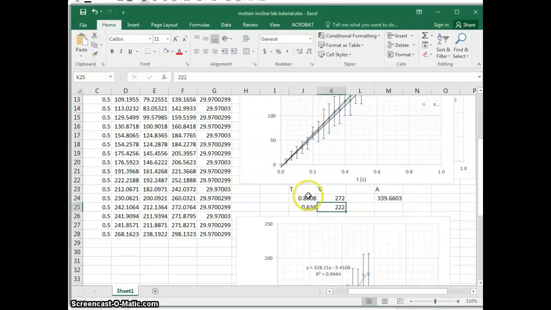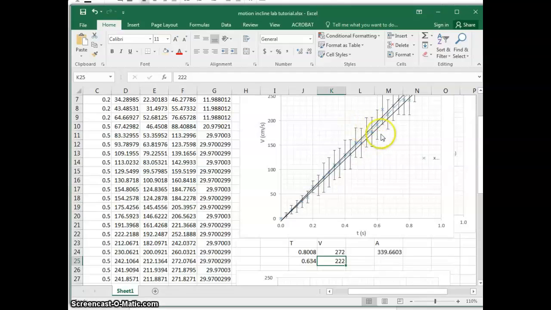But now I've got to subtract the error, and the error at 222 was also 30. So I subtract 30, which makes this 192. And when I use the same formula, I get 302.